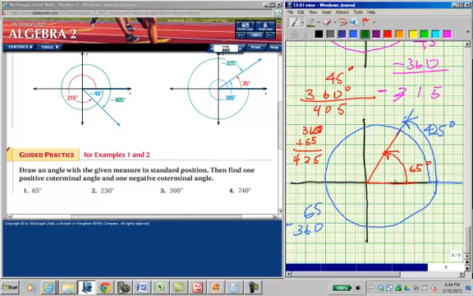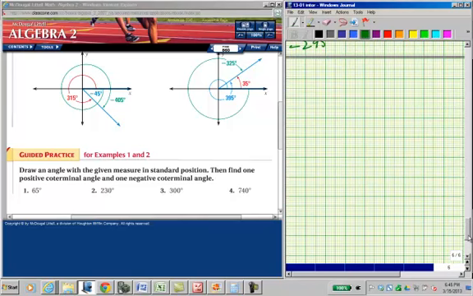Negative, so we're going to go clockwise. This is negative 295. So we're going to go negative 90, negative 180, negative 270, negative 295 degrees. Okay? That's three angles: the original angle, one negative, and one positive, all coterminal at the same place.